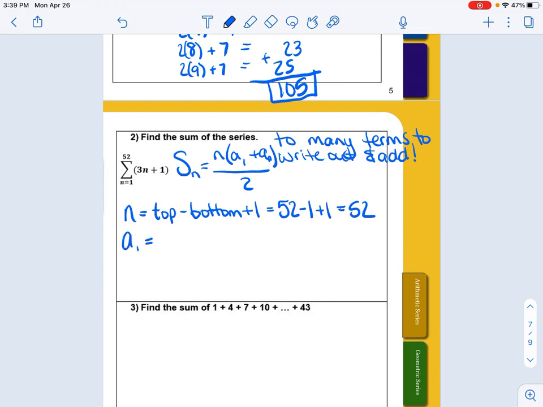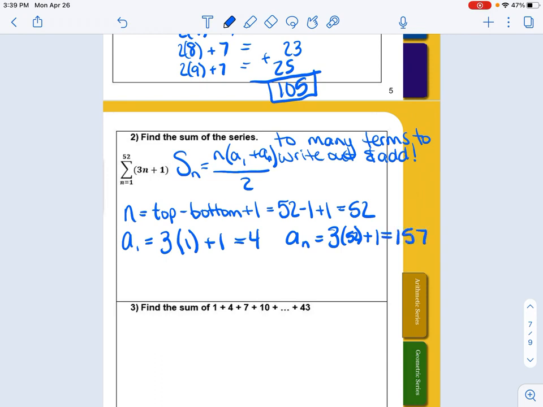For our a sub 1, what is our first term? We have to plug in to figure that out. So 3 times 1 plus 1 will equal 4. And then a sub n we're not sure of yet. We have to plug in 52 to find our last term.